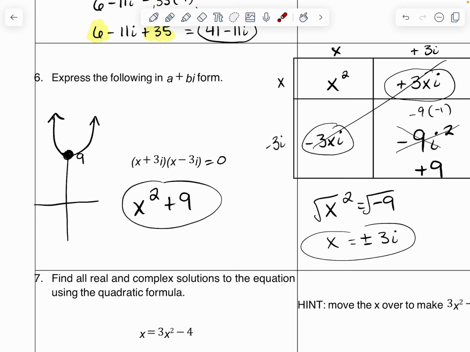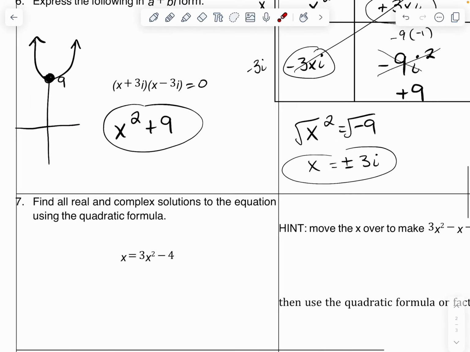My graph is above the x-axis, which means there are no real solutions. This would give us a negative number for the discriminant right here, which means we have those complex or imaginary solutions, and my graph never touches the x-axis.